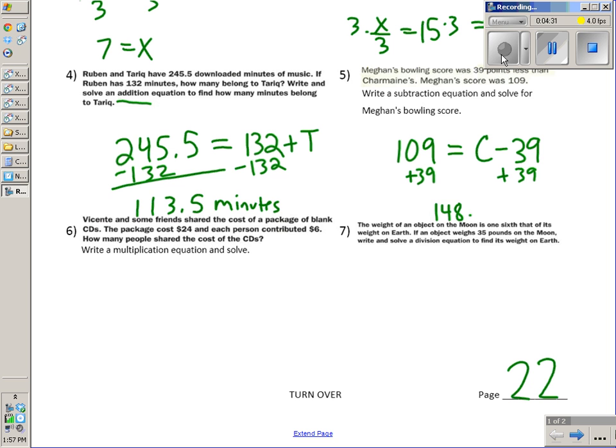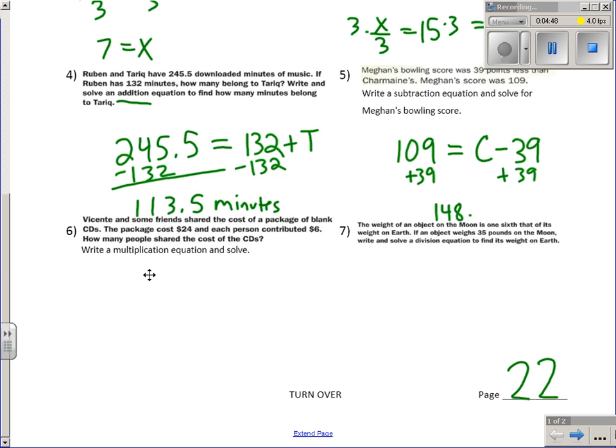Number 6 says Vicente and some friends shared the cost of a package of blank CDs. The package cost $24 and each person contributed $6. How many people shared the cost of the CDs? Write a multiplication equation and solve. All right, so we know that the total was 24.